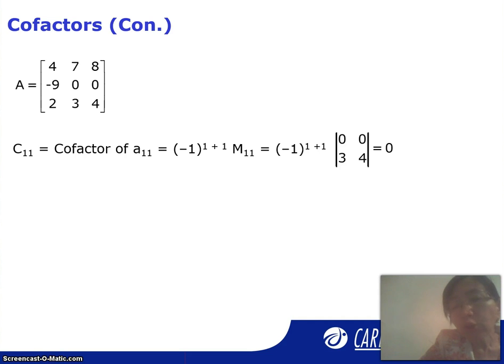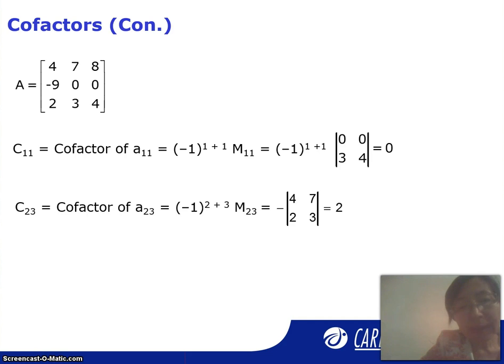It will be equal to 0 multiplies 4 minus 3 multiplies 0. So we have 0 minus 0 equals 0. So that means that the cofactor of element A11 will be equal to 0.